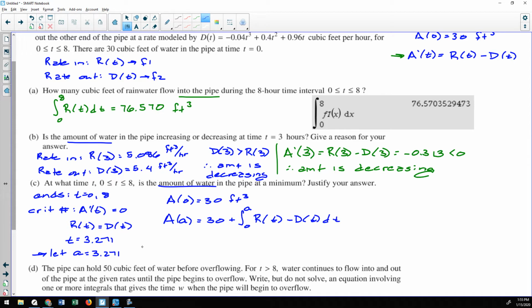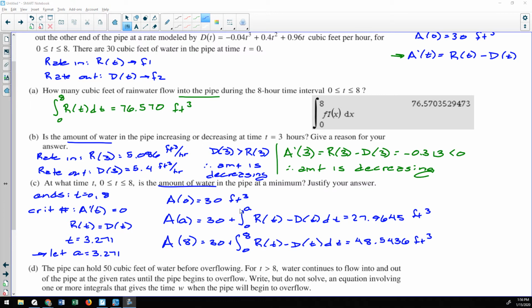We'll plug that in the calculator, and then find the final amount at time 8 by doing the exact same thing: 0 to 8, r of t minus d of t. And we'll put those in the calculator to see when the minimum amount occurs.